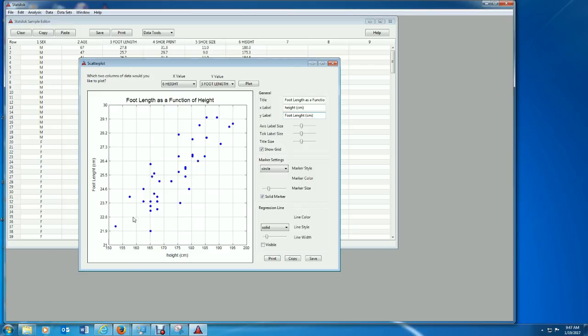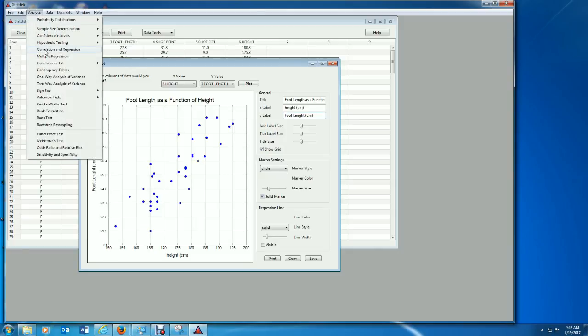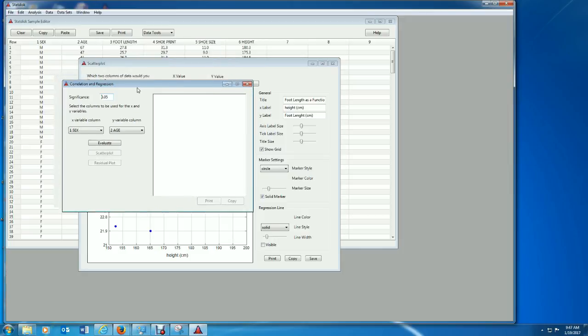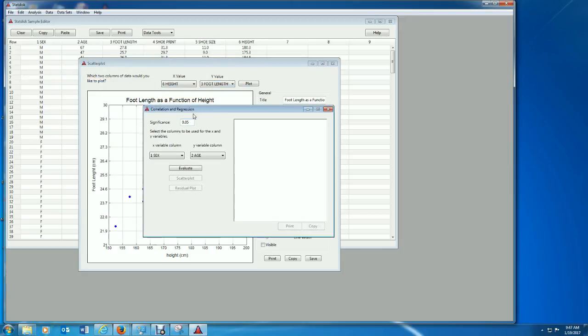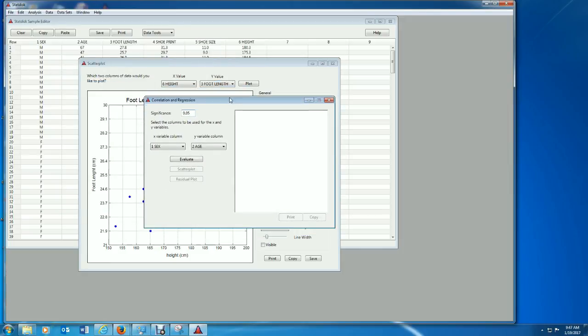And like we said when we were looking at this, we estimated an R value pretty close to, whatever we said, 0.8 to 0.9. I'm going to go to analysis, correlation and regression. Again, I'm going to leave that significance. I've got foot length and height. Evaluate.